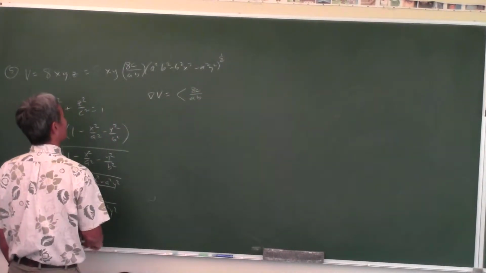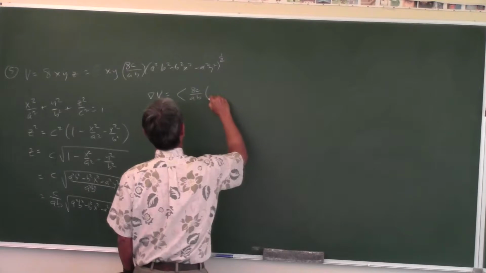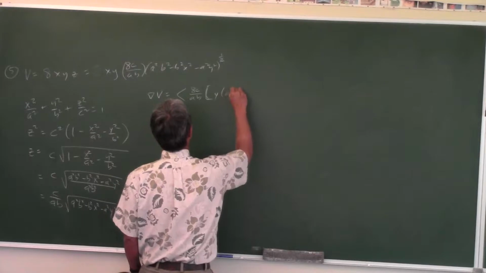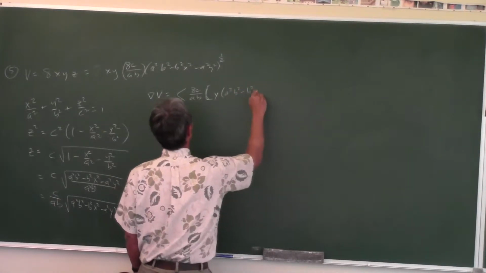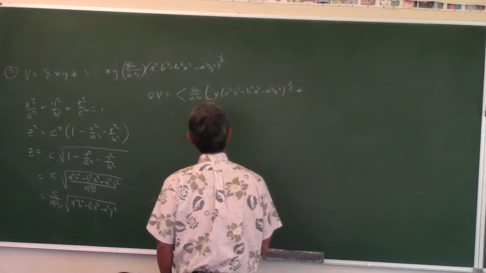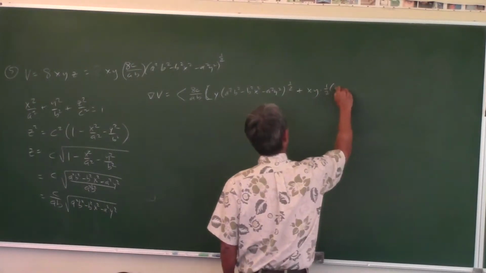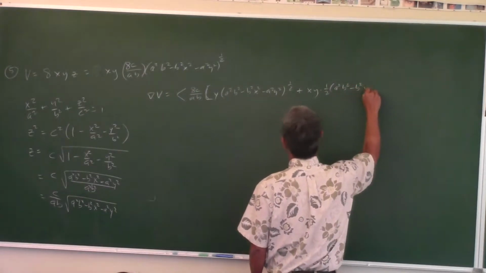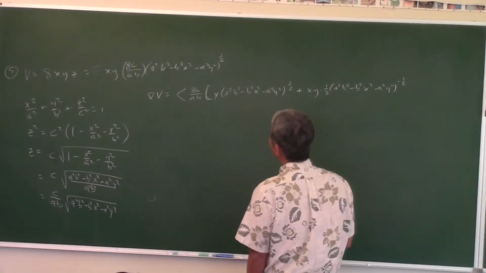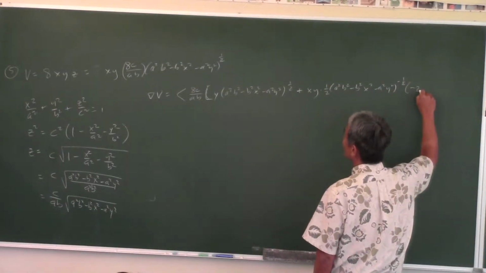We take the partial with respect to x, so we're going to use the product rule. Derivative of the first, leave the second one alone: a squared b squared minus b squared x squared minus a squared y squared to the half, plus, leave the first one alone, xy, times the derivative of the second, 1/2 of a squared b squared minus b squared x squared minus a squared y squared to the negative half, times the derivative of the box with respect to x, negative 2b squared x.